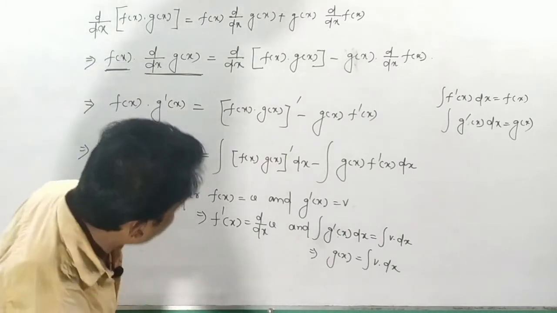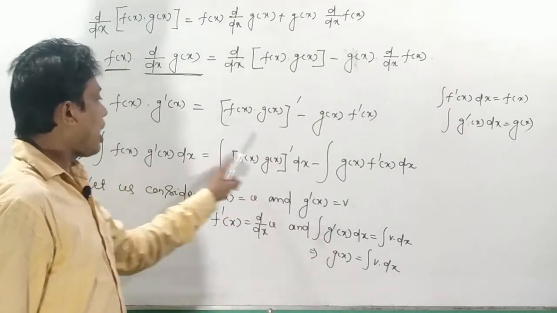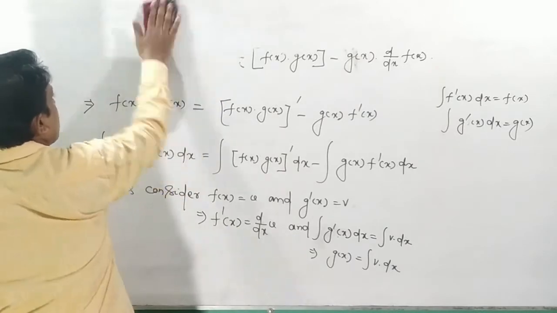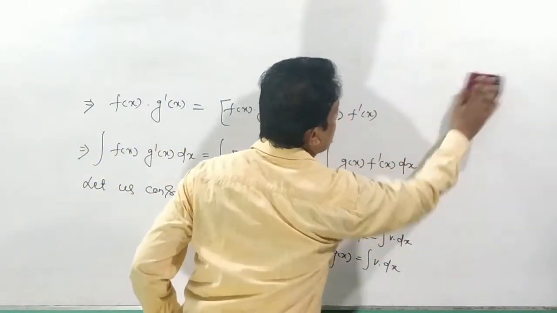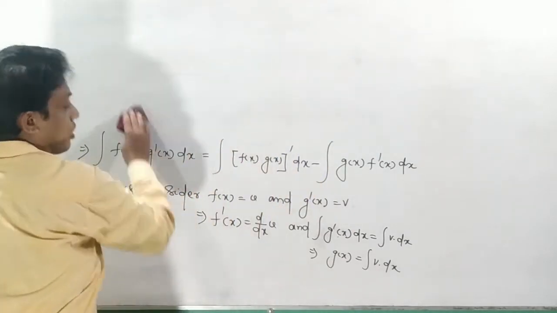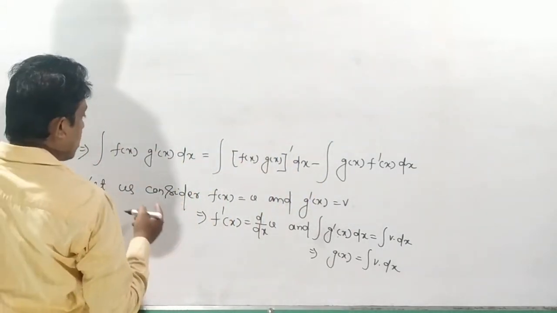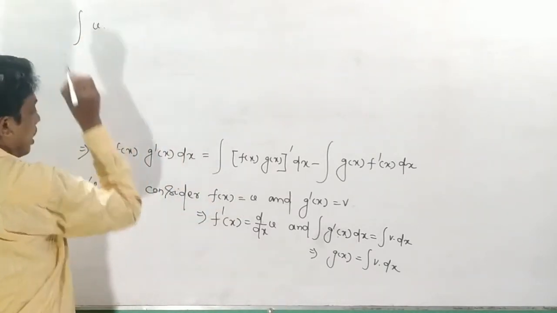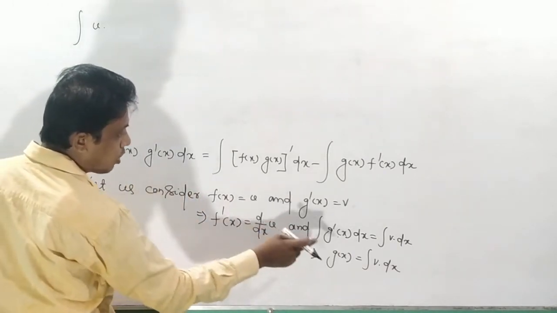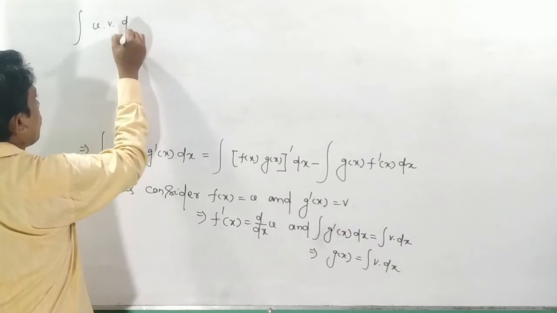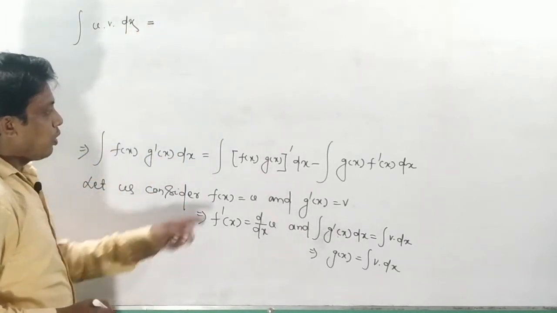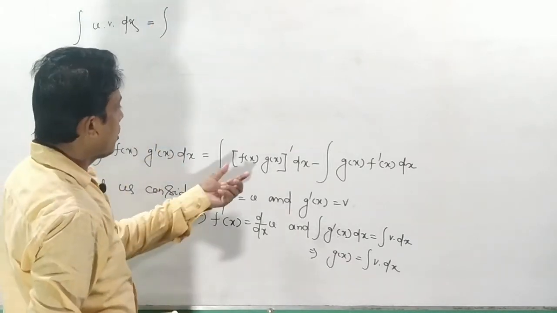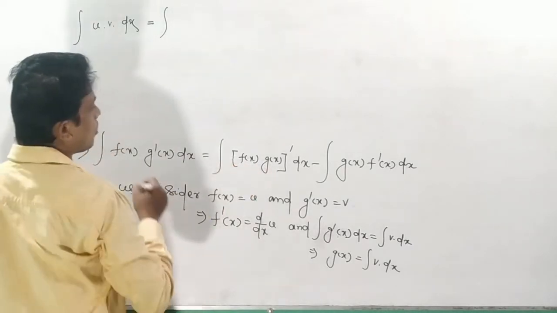Now if we write these in this line, mark it: the integration of f(x), which is u, into g dash x, which is v, into dx is equal to the integration of f(x) into g(x).